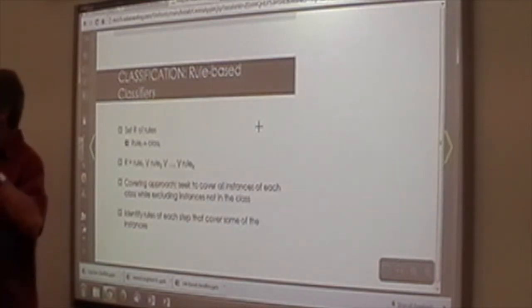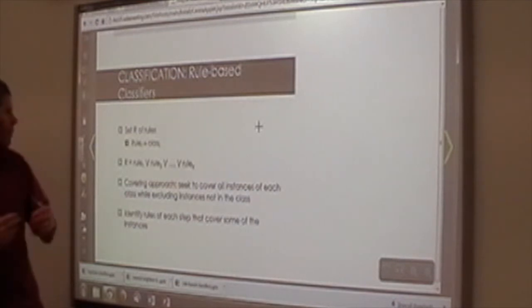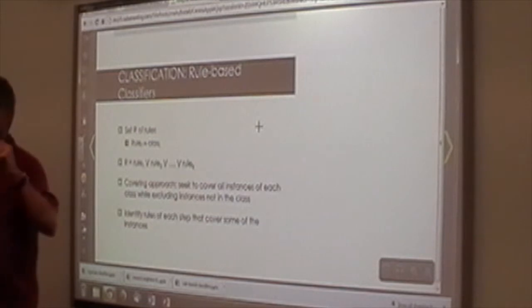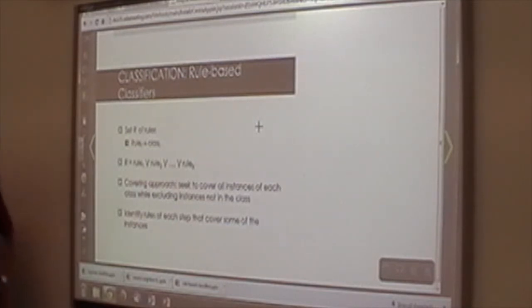Or if you have another rule of a similar sort, then you classify as the same class or a different class. So you have a number of different rules, and each one will classify an instance as a particular class.